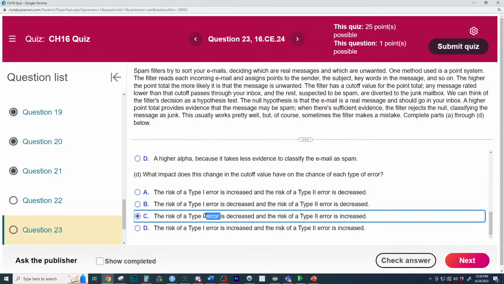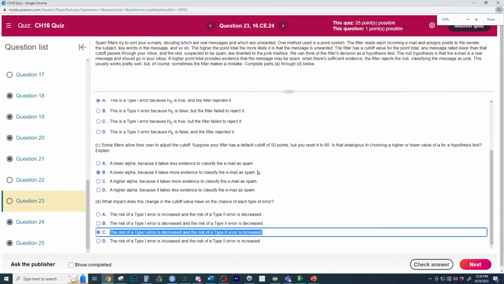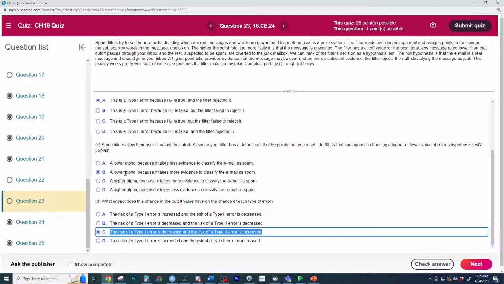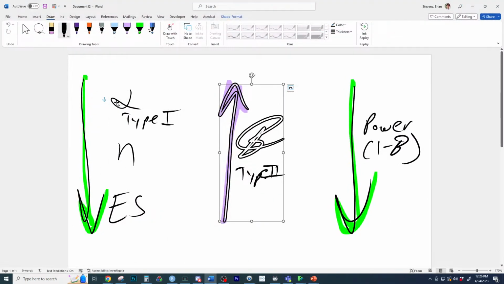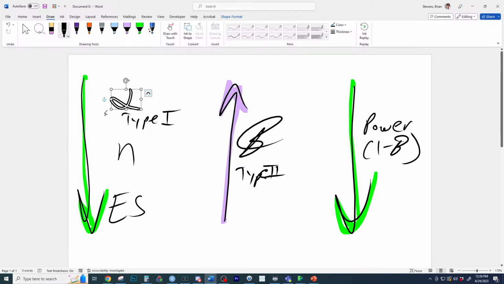Since you have made alpha lower, that is by definition type 1 error rate. So by decreasing alpha, you are literally decreasing type 1 error rate. That is what type 1 error rate is, or is your alpha level. And if you decrease alpha, you will thus increase your beta.